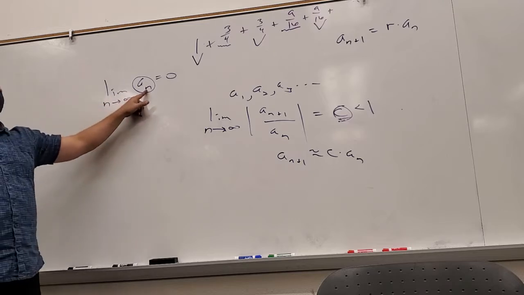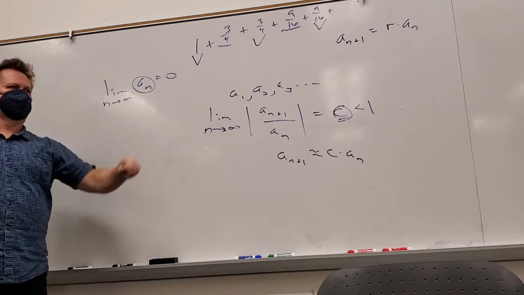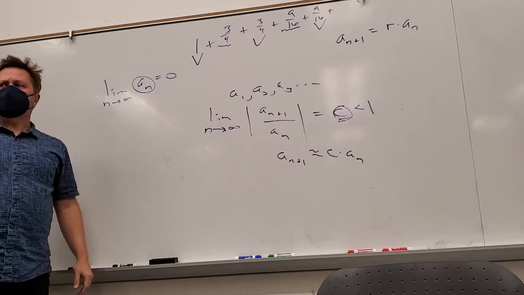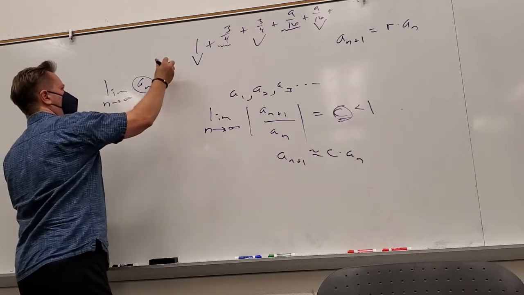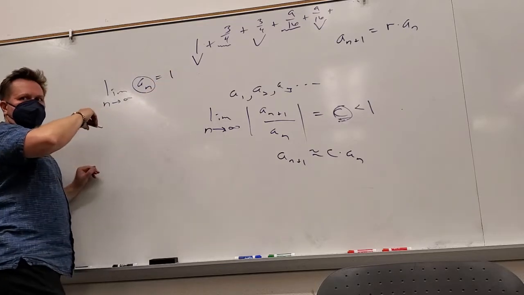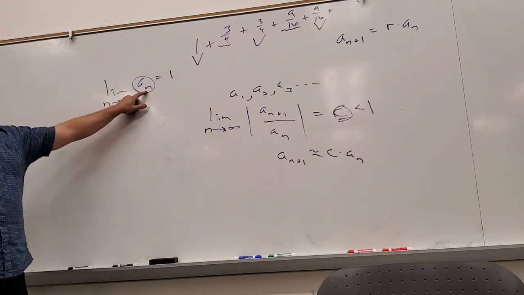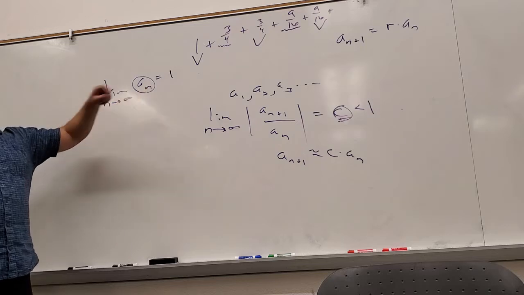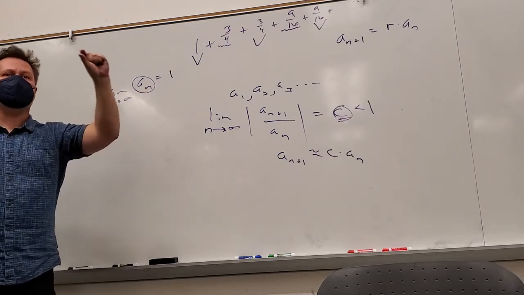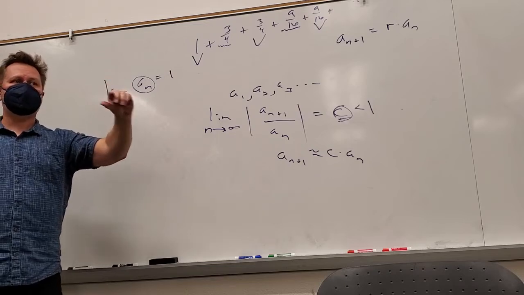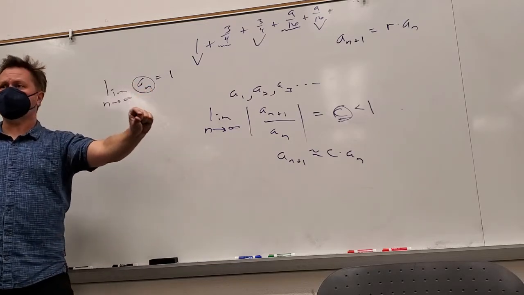How small can they get? Infinitely close. Infinitely small, correct? What if it equaled 1? They're getting infinitely close to 1. That means at some point, the elements get infinitely close to 1 and stay at least that close. At some point, that must be true, yes?